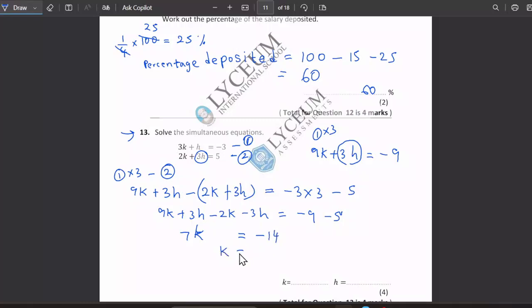So then k equals minus 14 divided by 7, we get minus 2. And then substitute minus 2 into any other equation. Then we get h equals 6 minus 3 equals 3. Okay. k is minus 2, h is 3.